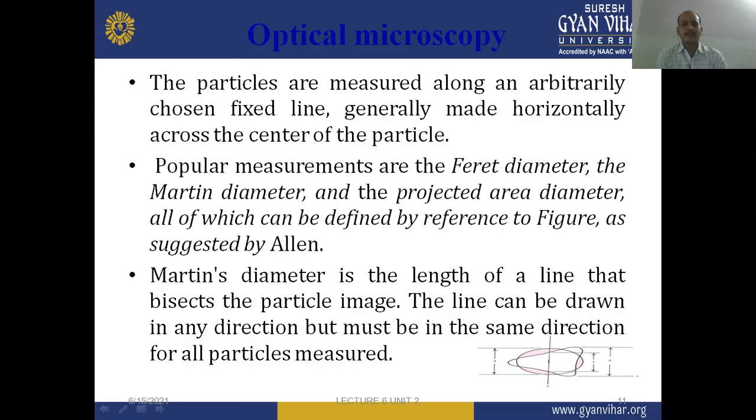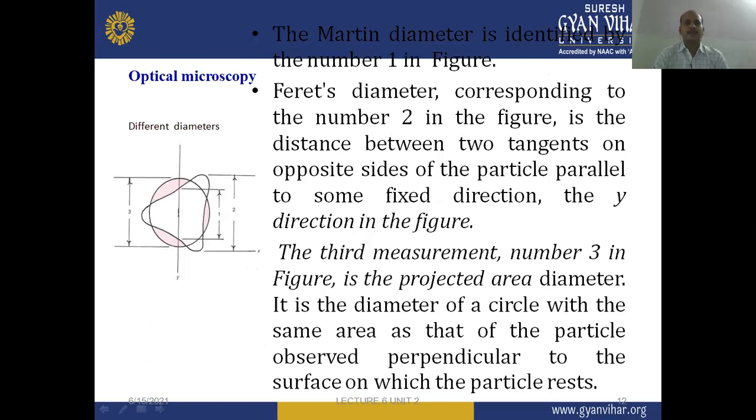This line can be drawn in any direction, but it should be in the same direction for all particles measured. The Martin diameter is identified by the number 1 in the figure, as you can see in this picture also.